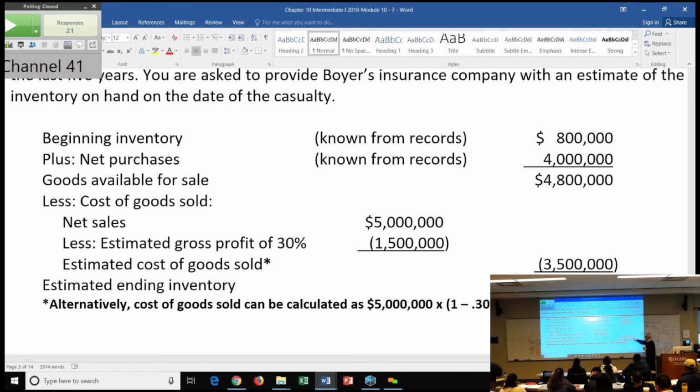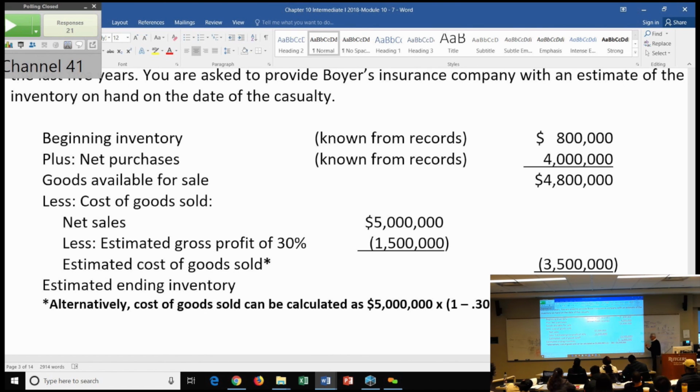Estimated cost of goods sold is 3.5. And then ending inventory is estimated at 1.3. So if this was a fraud investigation, you go out and count the inventory and compare it to the 1.3. Or for an insurance claim, how are you going to apply for insurance claims? This is all part of forensics, you've got to come up with an estimate.